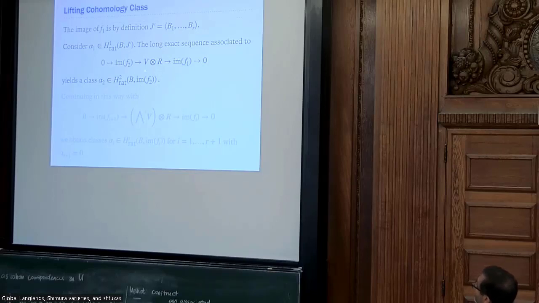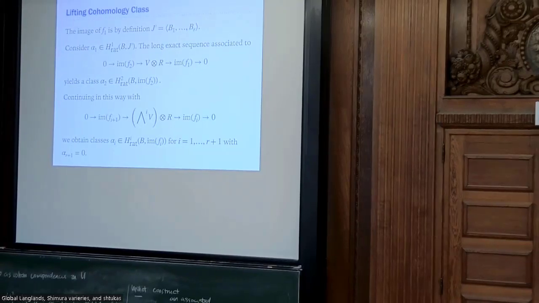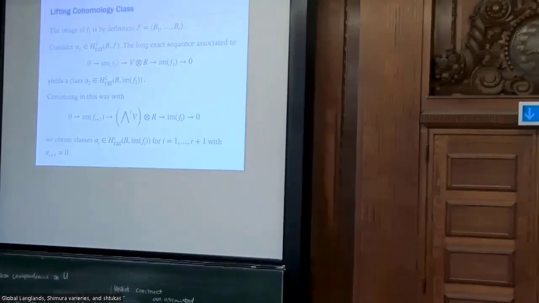So you can then use the connecting homomorphism to get a class in the H2 of the image of F2. Continuing in this way, you get classes alpha i in the Hi of the image of Fi. And as I said, the last class, alpha R plus 1, is zero because it lives in the zero module, because the complex ends at some point.